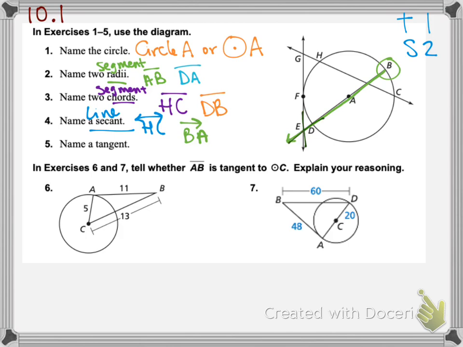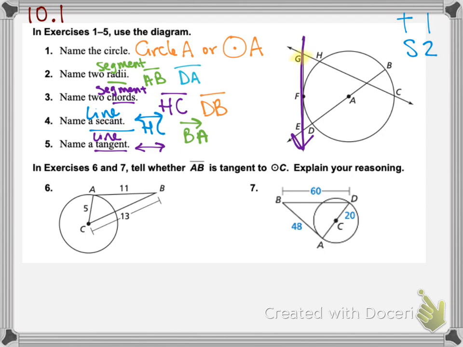The last one is a tangent. There's only one option for this. A tangent is also a line, so it does not have a starting point nor an ending point, and it touches the circle once. So that would be this line. However, naming it has a couple of options. You have to have the line with arrows above, and then you pick any two letters on this line.